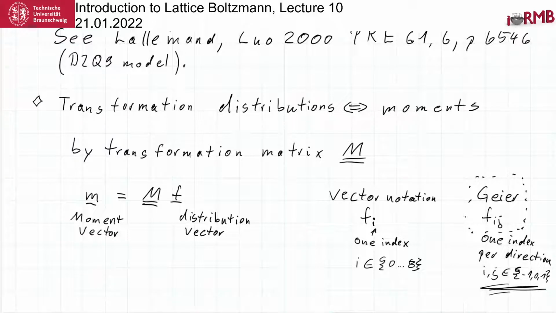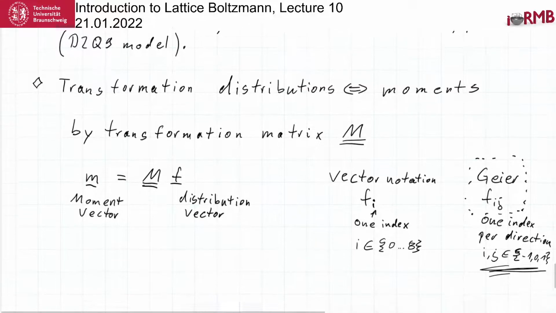Yeah, so this makes it completely clear how they are arranged, whereas in the vector notation you have to have an arbitrary agreement on the ordering of the distributions. Okay, but this can be done.